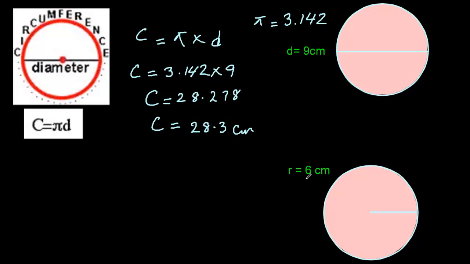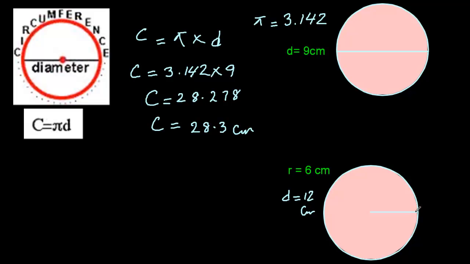In the second example, I have been given the radius. I can either change the circumference formula into radius, or you can double the radius to make it a diameter. A radius of 6 means a diameter of 12, because there are 2 radiuses in 1 diameter.